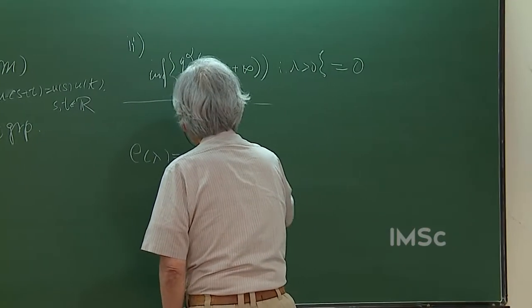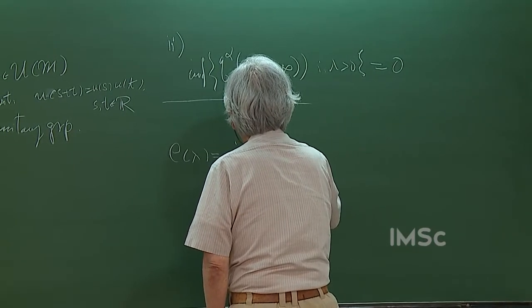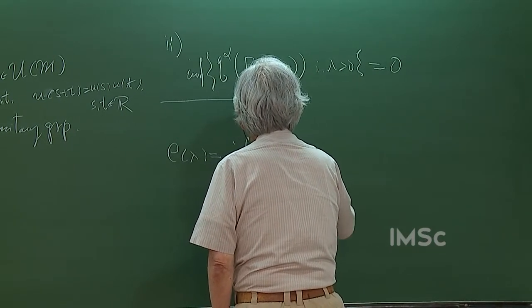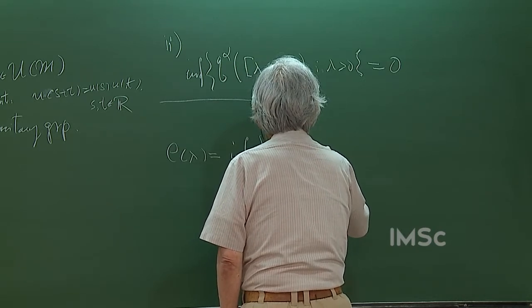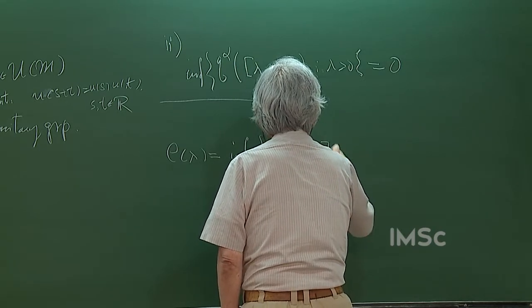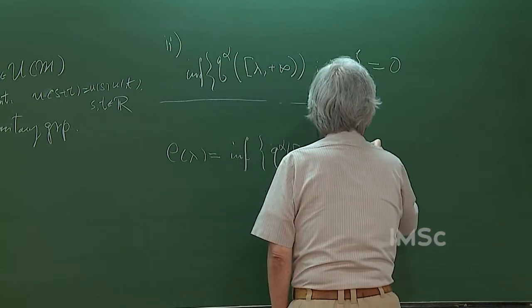The proof is constructive because this E lambda spectral projection is concretely given by the infimum of Q alpha of t plus infinity, t larger than lambda.